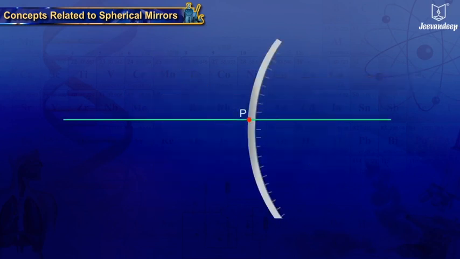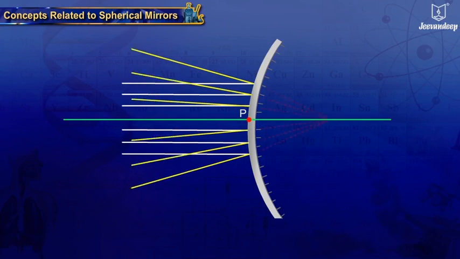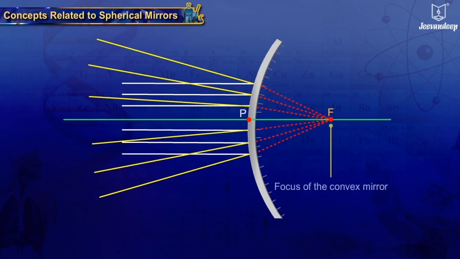Focus of a convex mirror, represented by F. The rays of light parallel to the principal axis appear to meet behind the mirror at, or get diverged from, a single point on the principal axis. This point is called the focus F of the convex mirror.